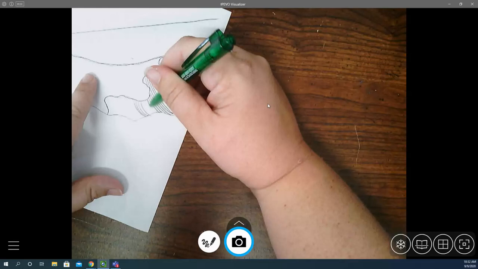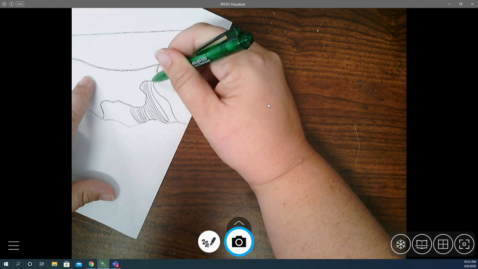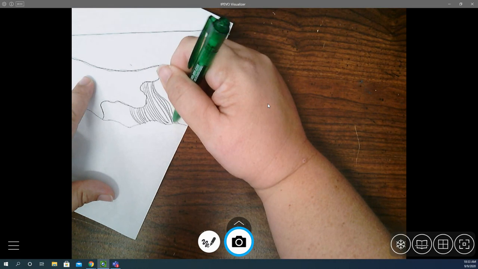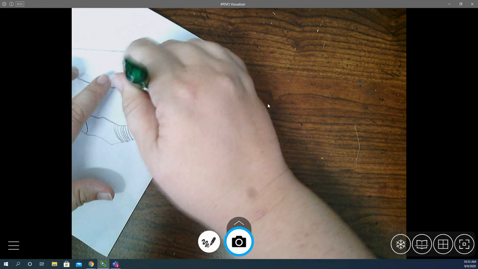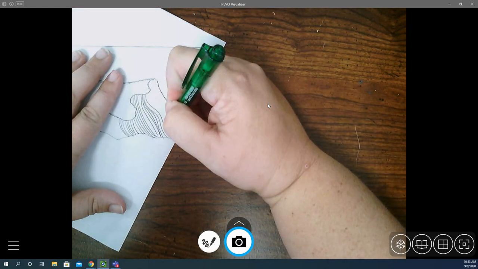If you do this, it'll help them stay a little bit more parallel. If you're worried about shaking too much because your hand's up in the air, brace your arm against the table that you're using.